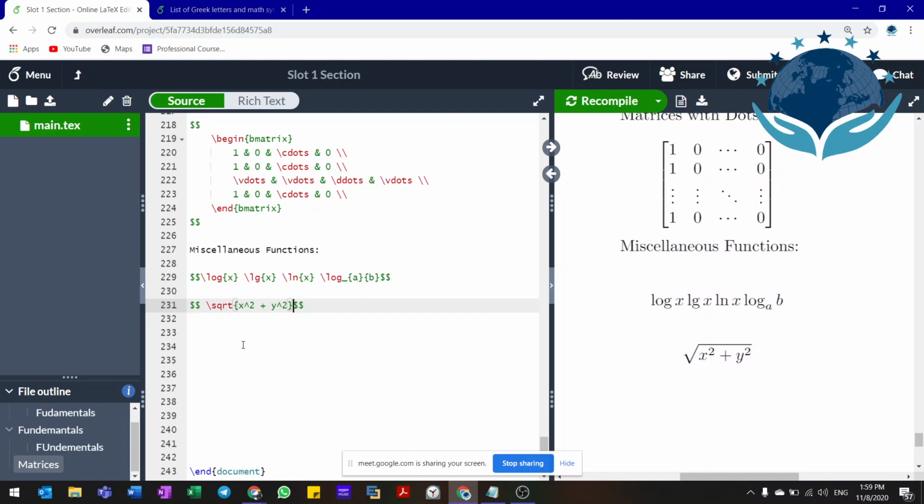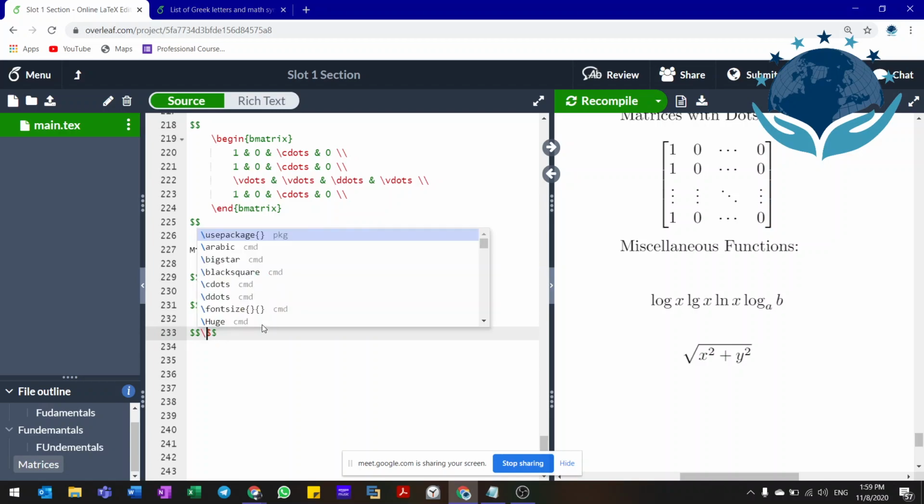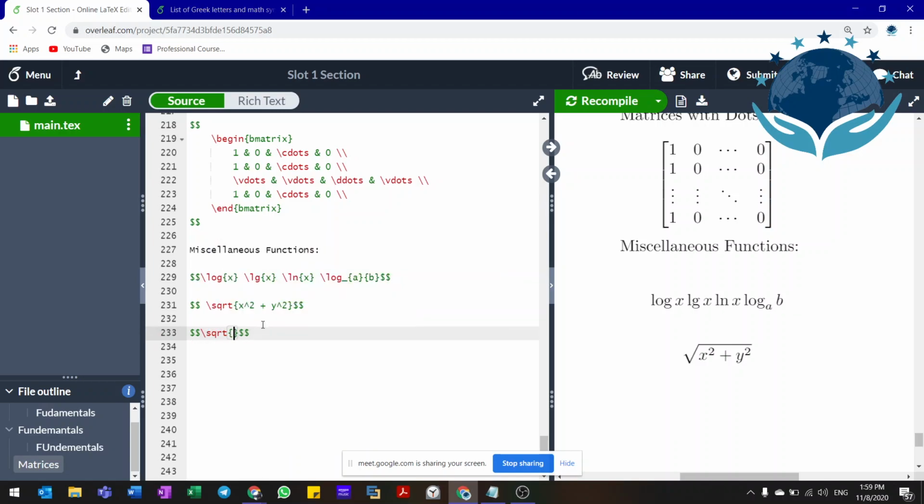Now in some occasions we'll be using the nth root. To denote the nth root, take the same example, sqrt, square root of x square plus y square. If you want the fourth root, you can use the optional specifier, which is the square braces. You can enter the nth root at this position.